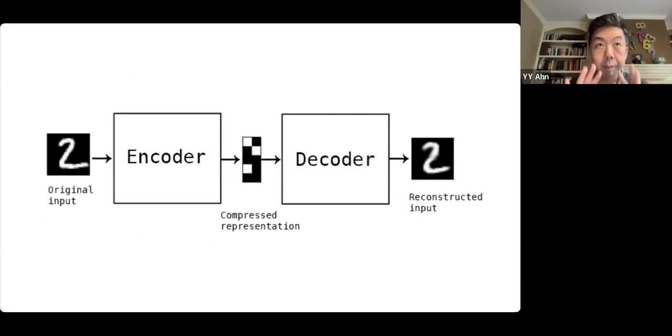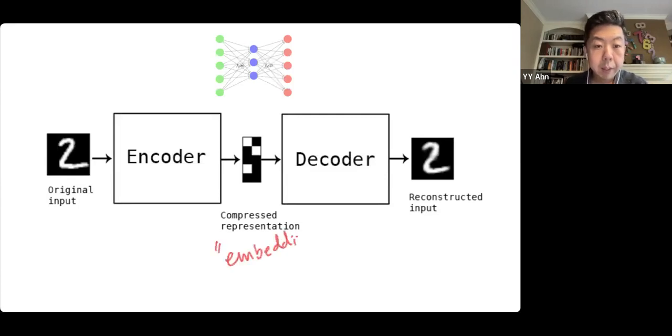A prototypical deep learning architecture looks like this. Some complex data goes in, and you have some type of encoder that encodes that complex data into a compressed representation we call an embedding. Then there's a decoder that transforms that compressed representation back into complex data.